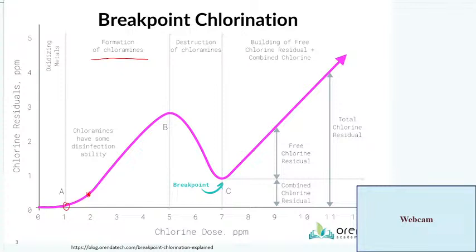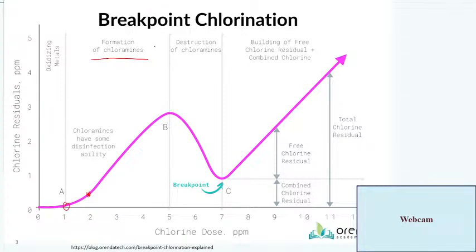Okay, so all that to say, if we need 5 milligrams per liter of free chlorine, it's not quite as straightforward as just saying, all right, let's add 5 milligrams per liter, right? Because even if that happens to be at the right spot, a fair bit of that's chloramine, and that's not giving us 5, right?